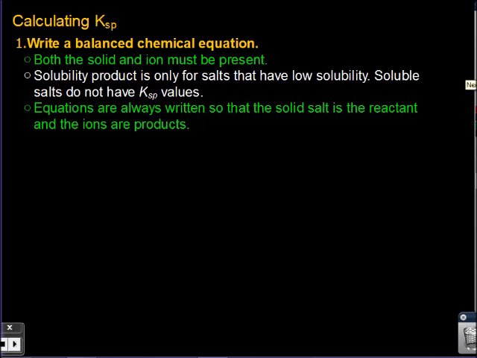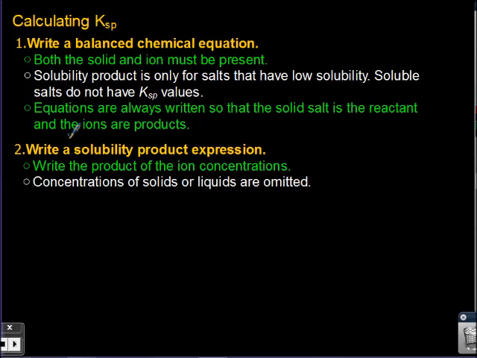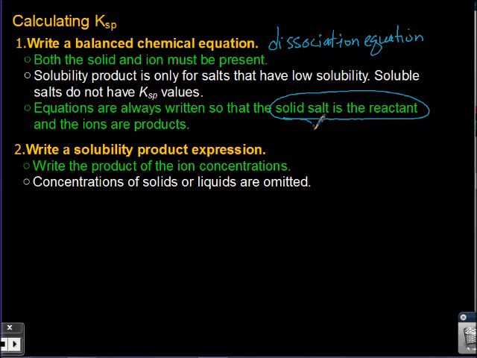So make sure you write this down in your notebook, because we're going to be using this. First, I have to start with a balanced chemical reaction. This is the dissociation equation of the salt. When you put a salt in water, you have the solid and it turns into its ions. They're always written so the solid salt is the reactant and the ions are the products. You're going to write your KSP expression.